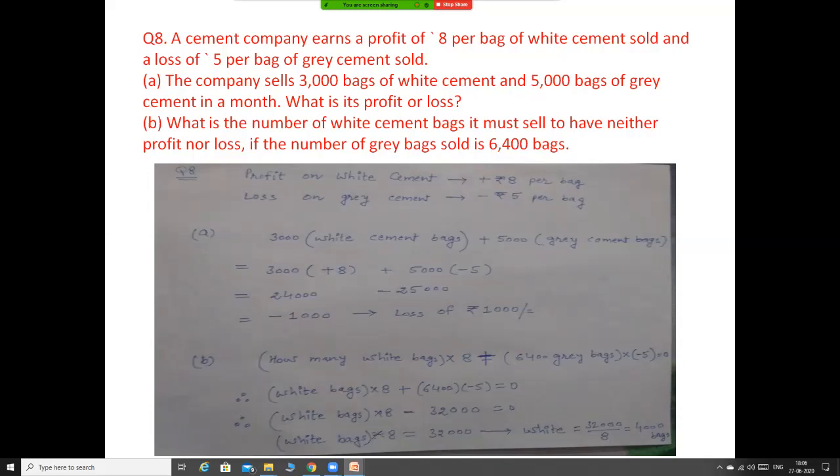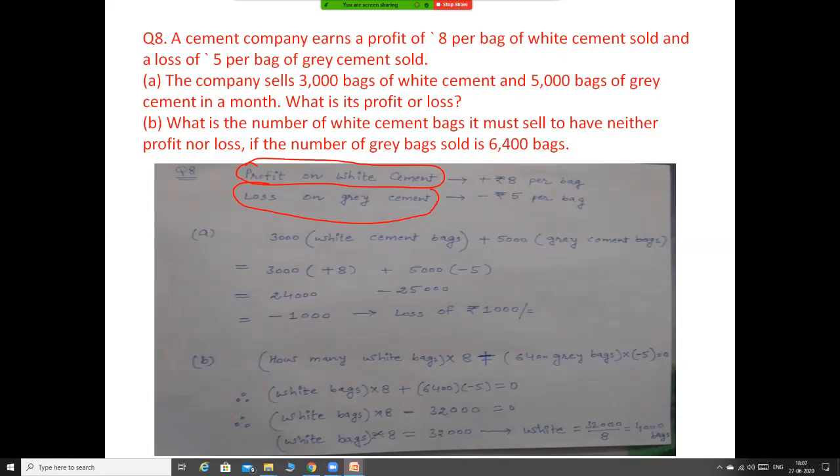What is its profit or loss? First of all, profit on white cement is plus 8, and loss on grey cement is minus 5 rupees per bag.